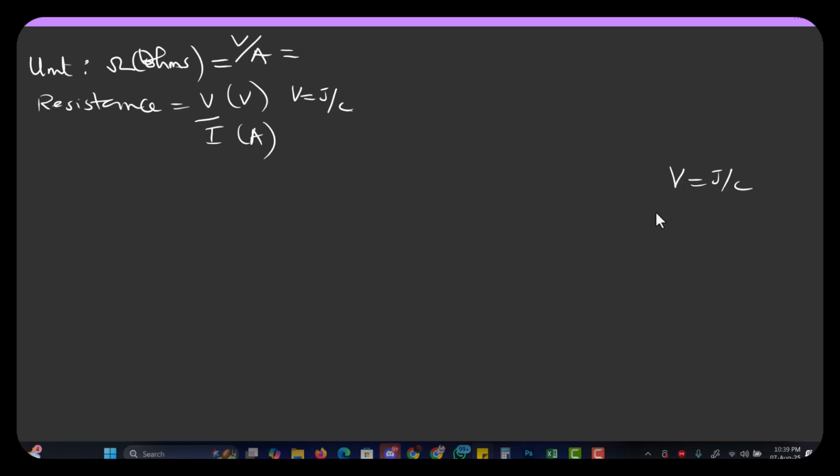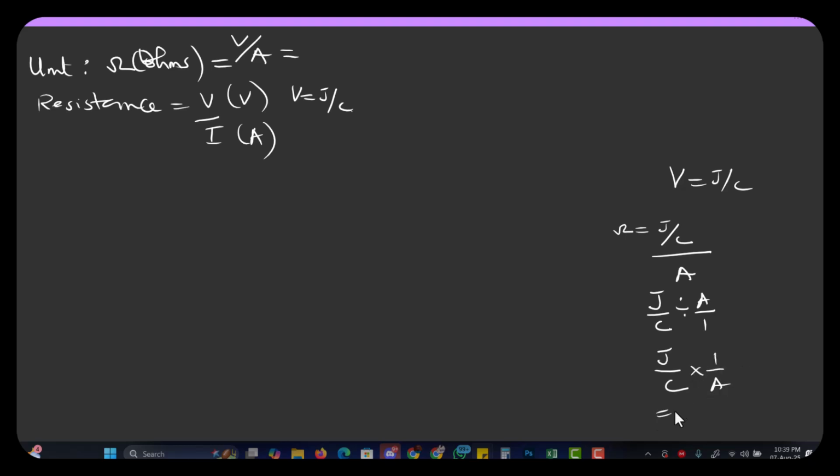So if you are to write the unit of ohms, you are going to have joules per coulomb for V, all over A for current. So combining it together, I'm going to have joule over coulomb divided by ampere over 1, which is the same thing as joule per coulomb times 1 over ampere.